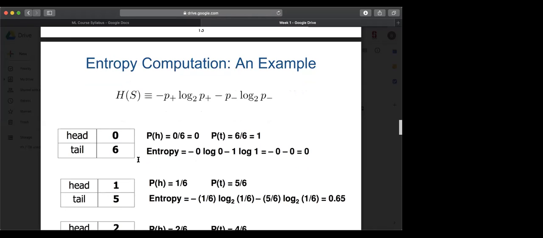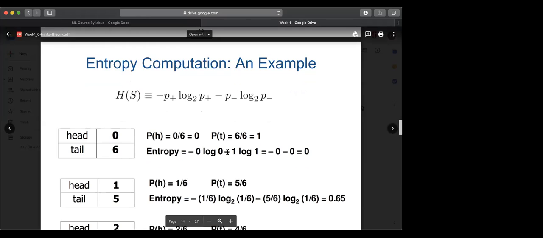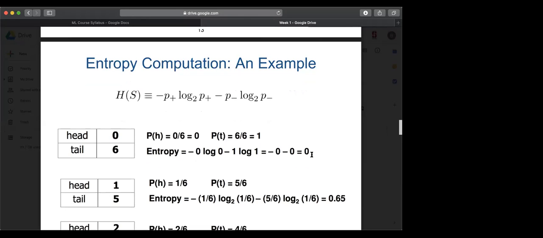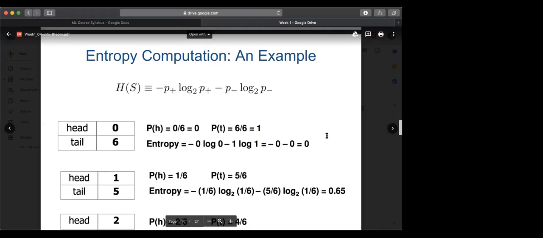It's very likely the next flip would be tails. So the probability of heads is 0 out of 6, and the probability of tails is 6 out of 6. So the entropy of this specific event set is 0. There's no uncertainty about the values. Does that make sense?